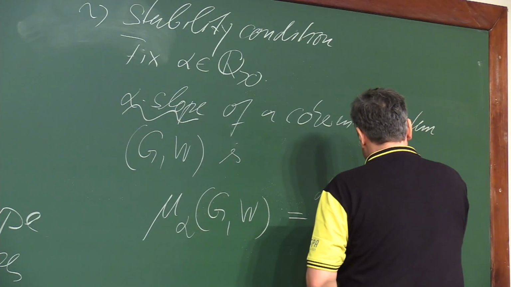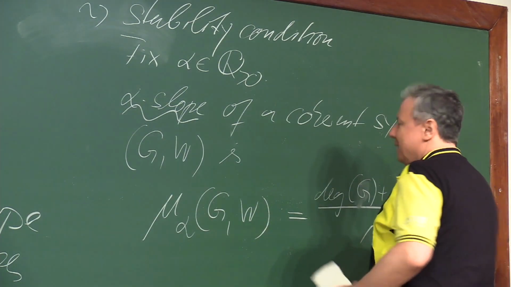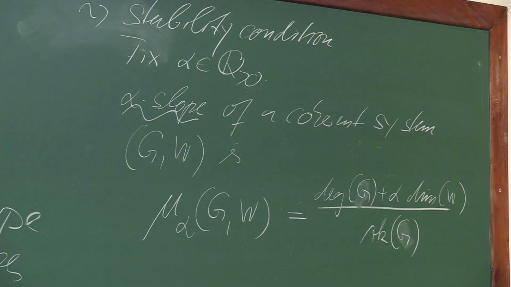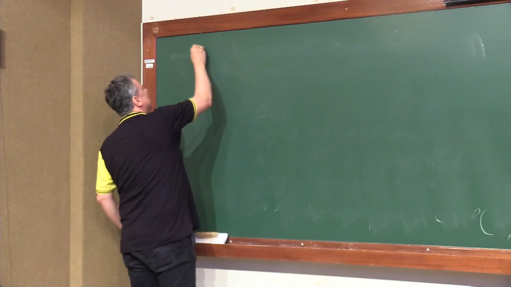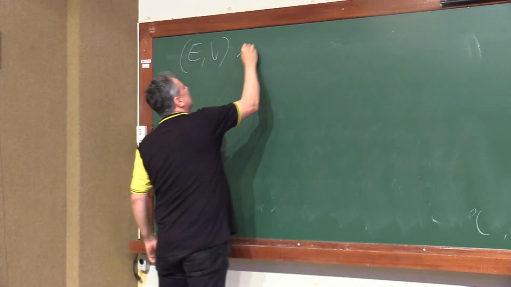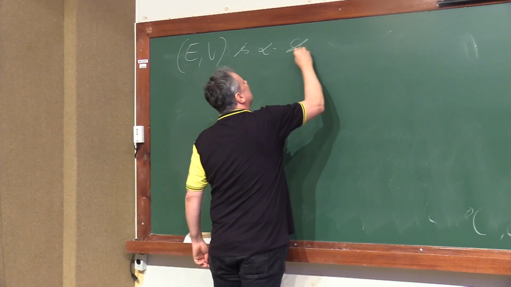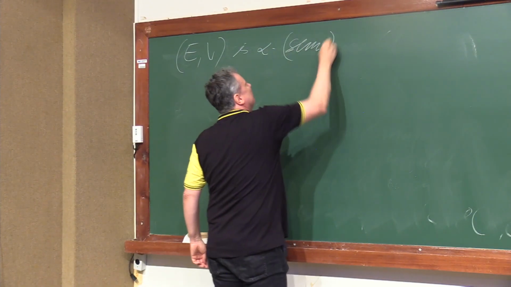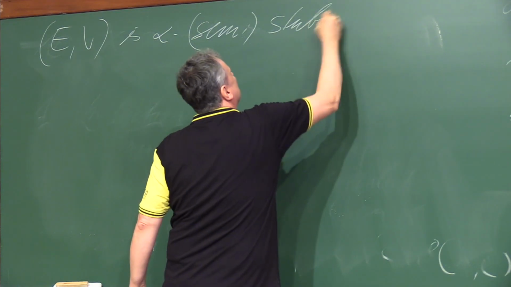Right. Okay, and now you say that such a coherent system is alpha semistable, or alpha stable, so there will be two notions.